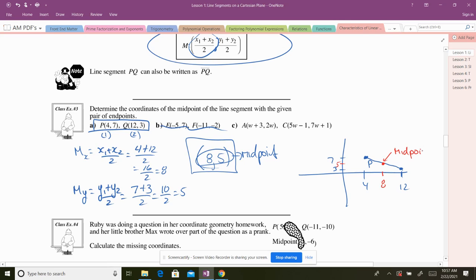That is the halfway point between the two endpoints. Does that make sense? So all you do is label each set as set 1, set 2, plug it into the formula, and you'll get 2 answers. You write it as an ordered pair. The only question I want you to do is number 6. Pick 2 of them, please.